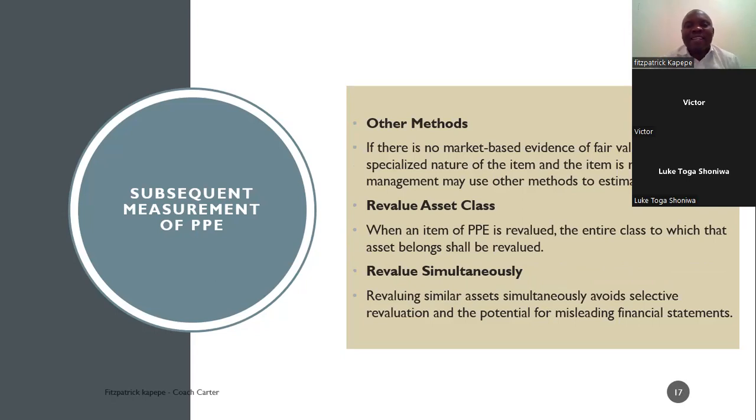Suppose there is no market-based evidence. I'll give this example. We have one of our power stations that is just on your border, Zambia, Zimbabwe. This power station, I think it was built around 1937 or maybe before that, the Victoria Falls power station.